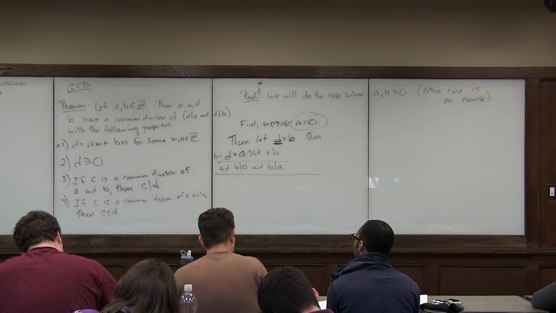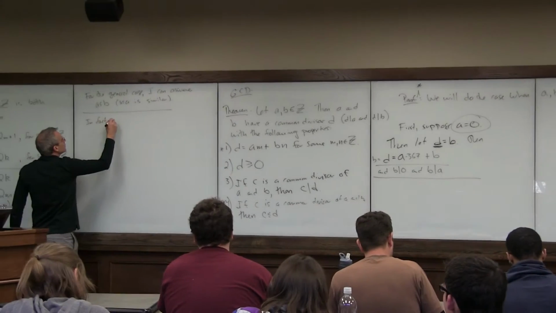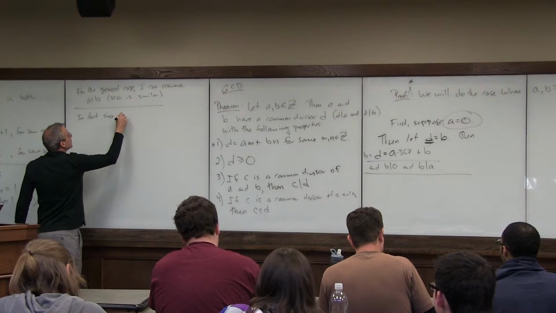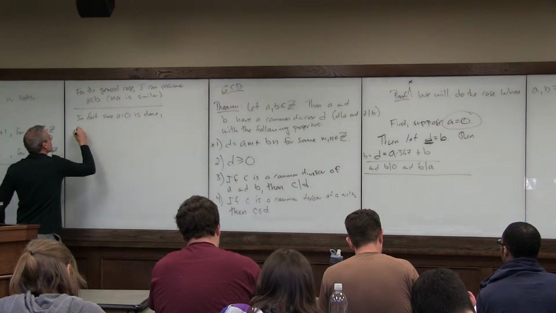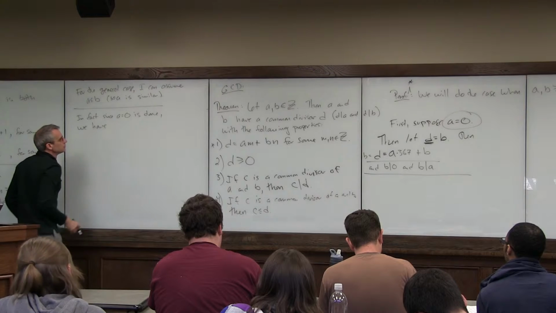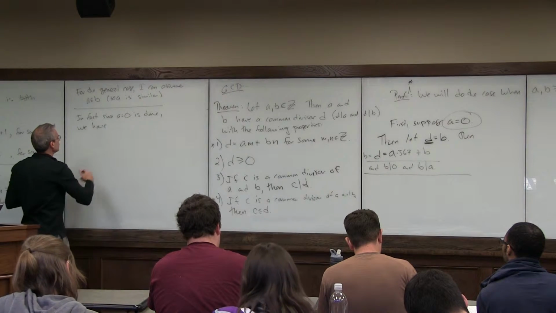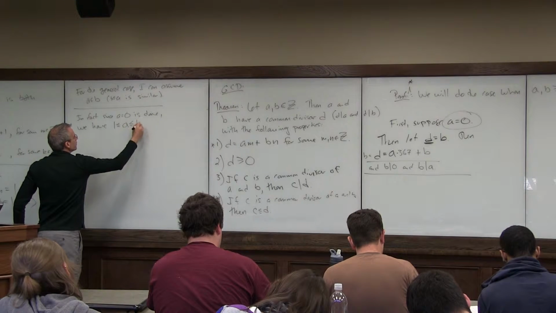In fact, since A equals 0 is done, we have what? These are both non-negative, so in fact 1 is less than or equal to A is less than or equal to B.